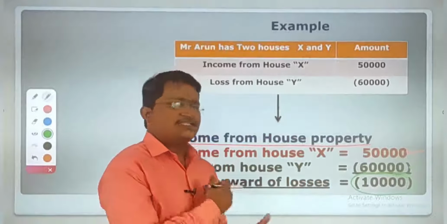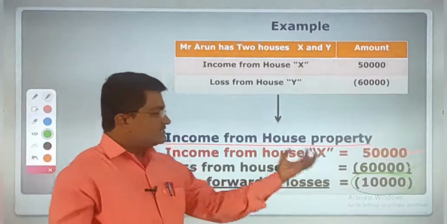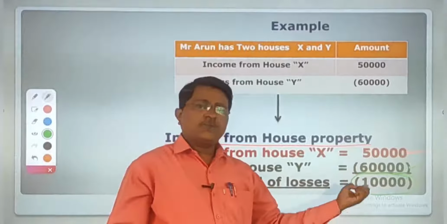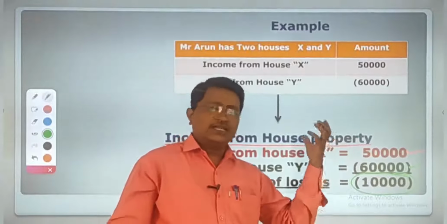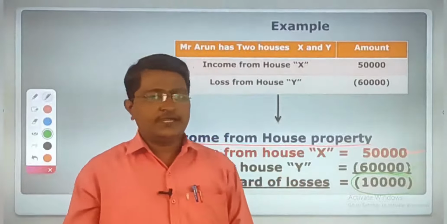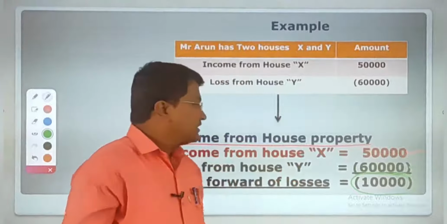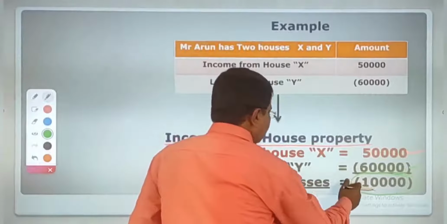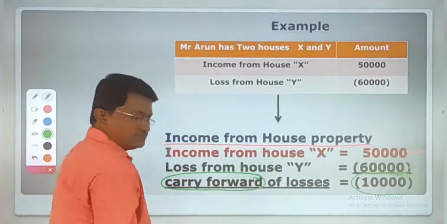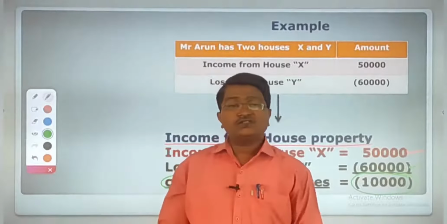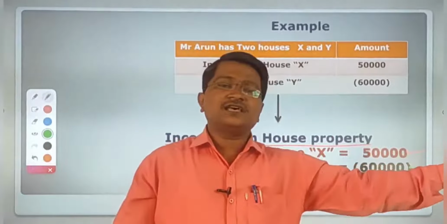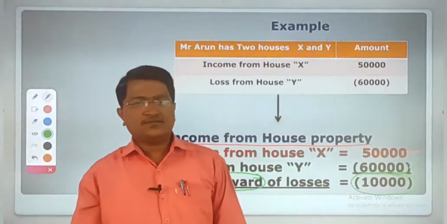So now in this case what happens? This 10,000 loss is not possible to set off in this current year in the same head as well as with other head. Now in this case, this 10,000 loss we carry forward for the next assessment year, right?